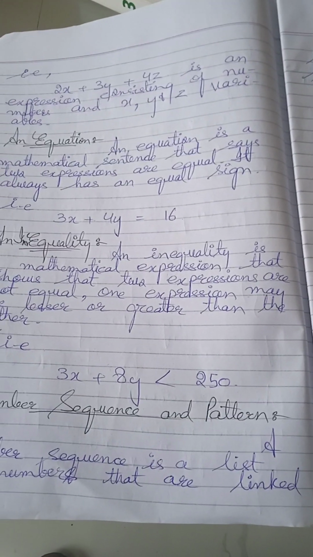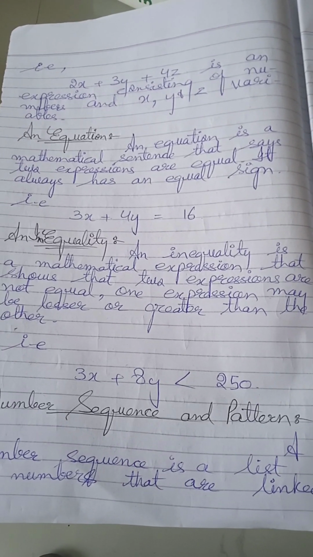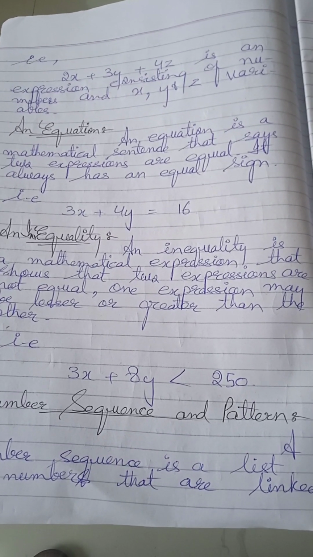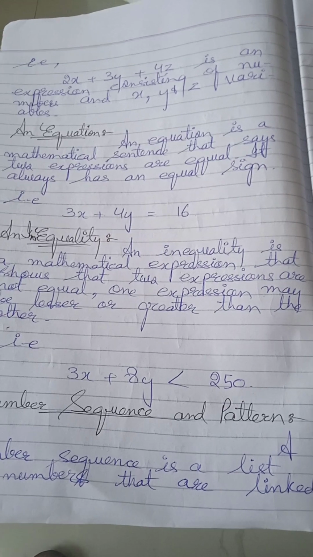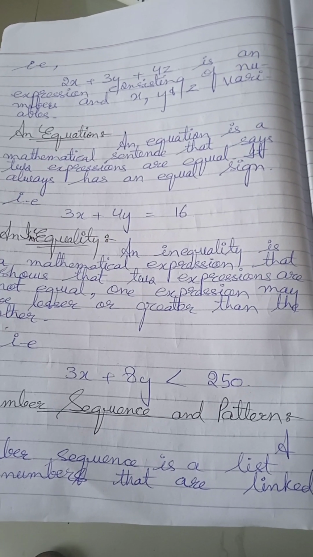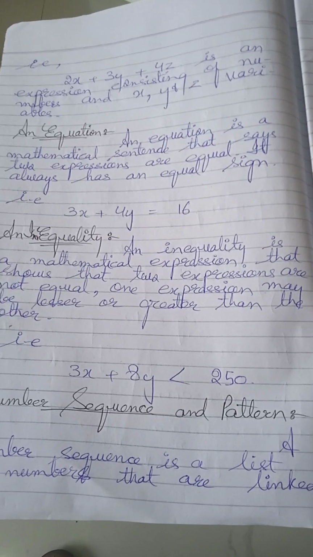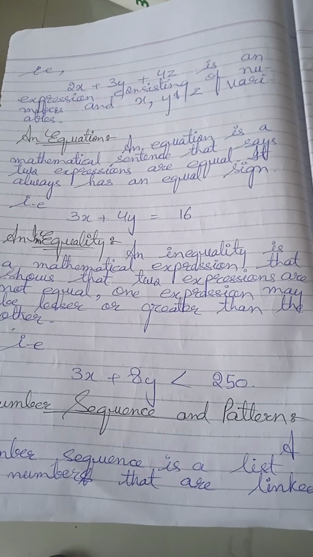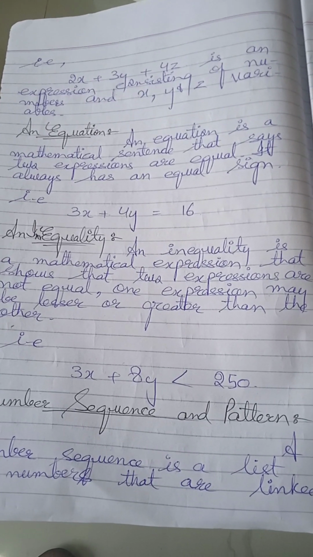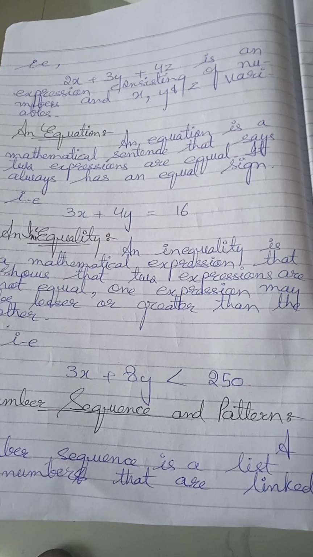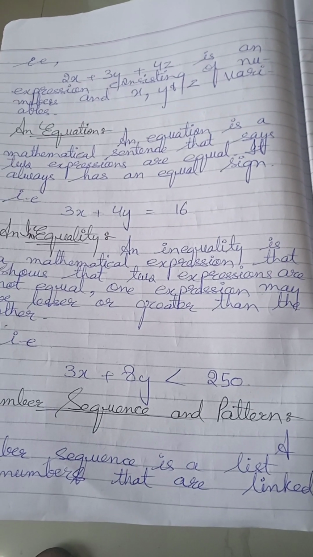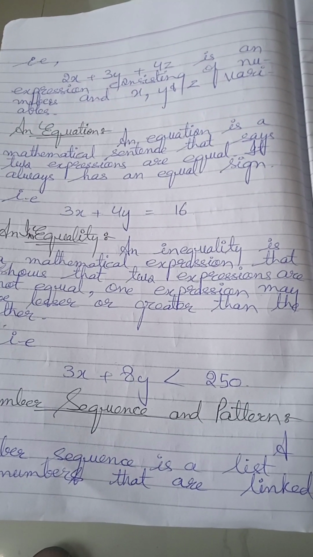Now what is an equation? An equation is a mathematical sentence that has an expression, and that expression is equal to something that is constant or something else. We don't need to bother about what is written after the equality.